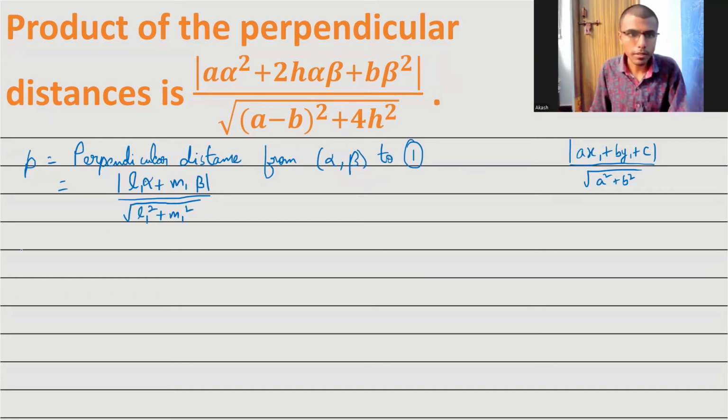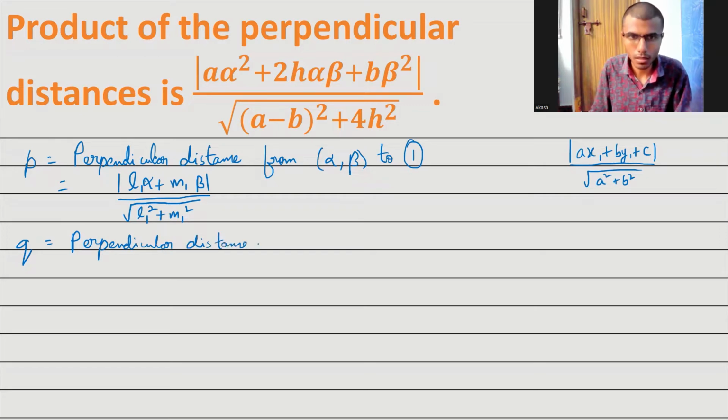In a similar fashion, Q is nothing but equal to the perpendicular distance from alpha comma beta to 2.